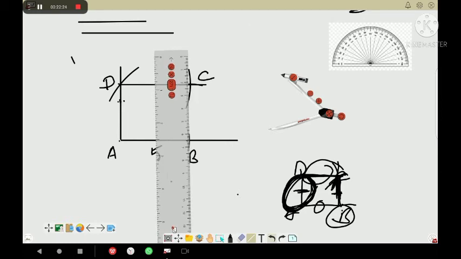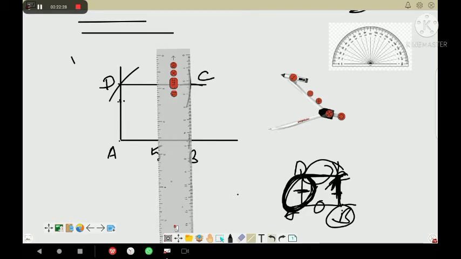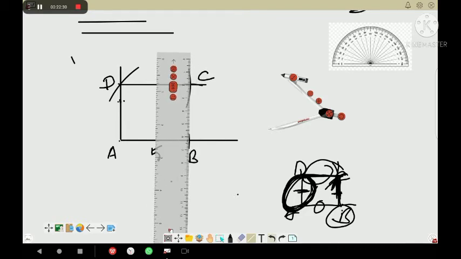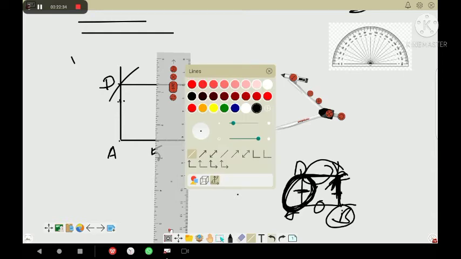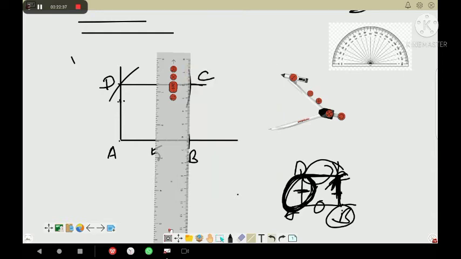Okay, so if you draw in your copy, I think it is easier, and from the construction everyone can get full marks.